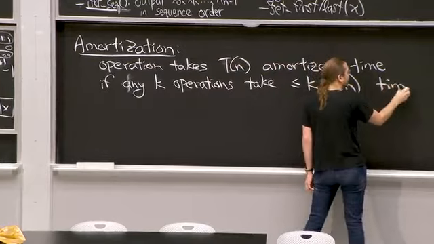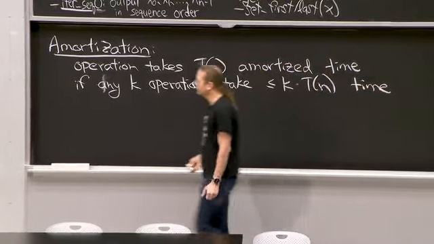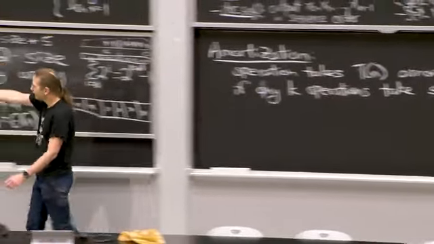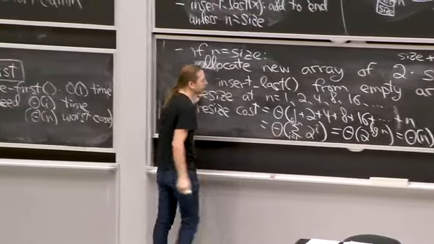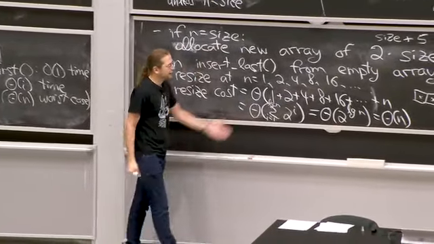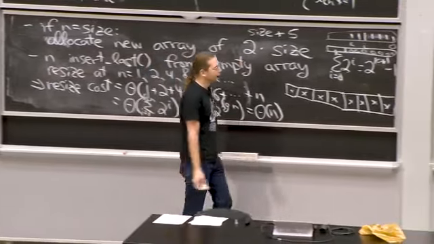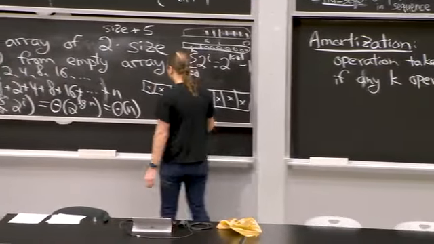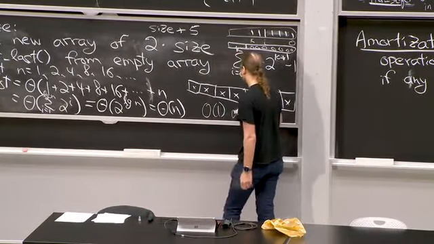This is a little bit sloppy, but it'll be good enough. So the idea is here, if this works for n or k, to do n operations from an empty array here takes linear time, which means I would call this constant amortized.